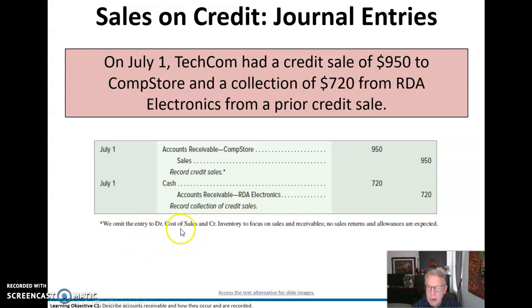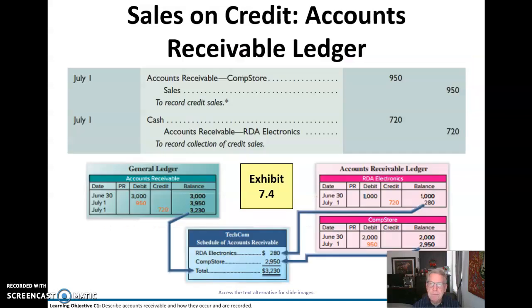Note this little footnote too. Here, they're eliminating the cost of sales and the debit to cost of sales and the credit to inventory, so we can just focus on receivables here. And also, no sales returns and allowances are expected here. So they keep it simple for you.